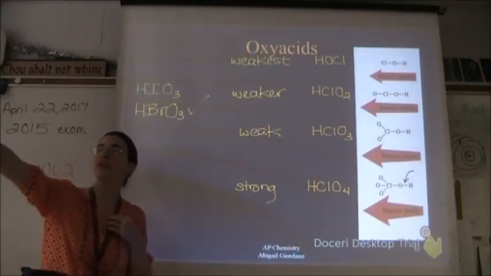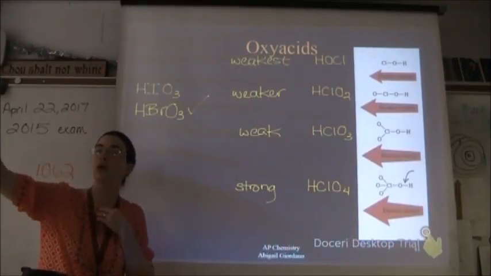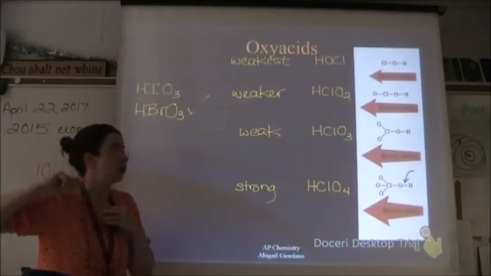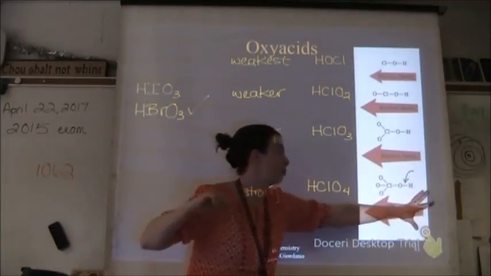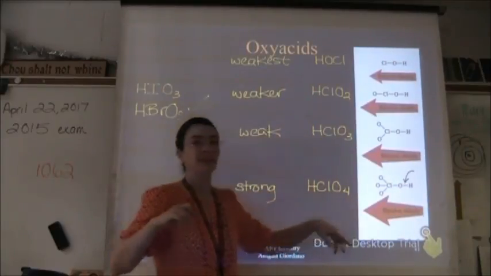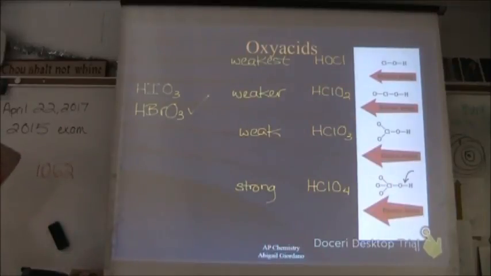Which element, Br or iodine? Bromine or iodine? Which one is more electronegative? Bromine. The more electronegative, the bigger that red arrow is going to be. So this is your stronger acid. It's all to do with electronegativity.